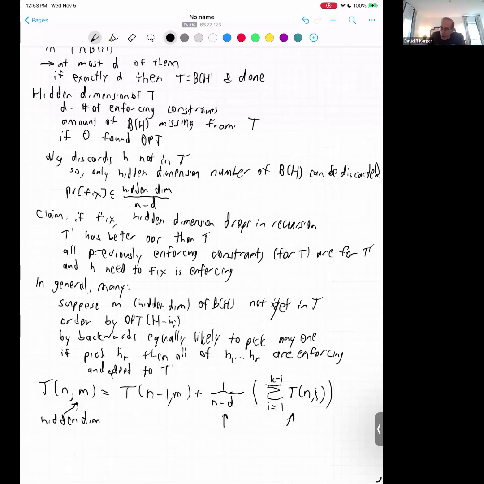And if you solve for this, you can plug it in to see that T of n, m is at most 2 to the m times n minus d.